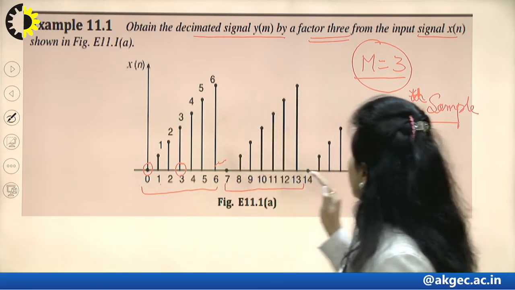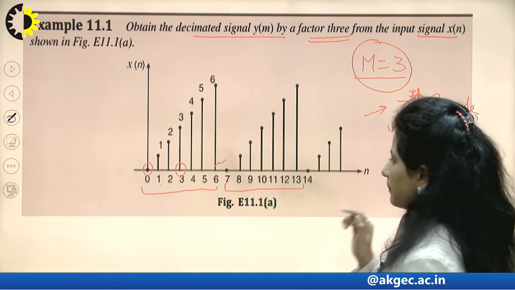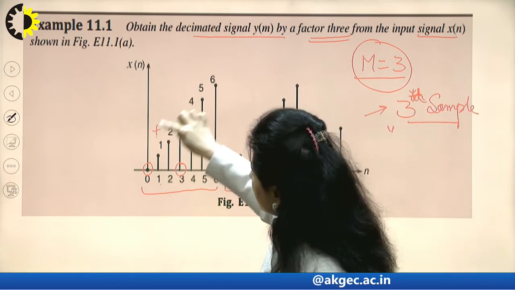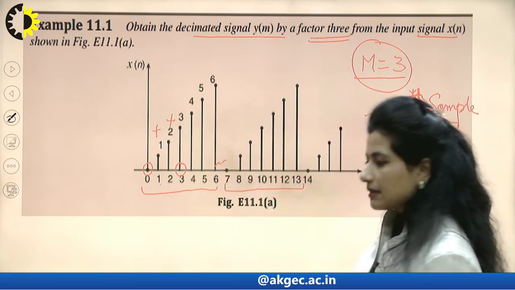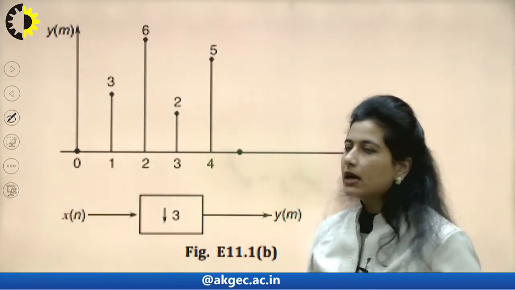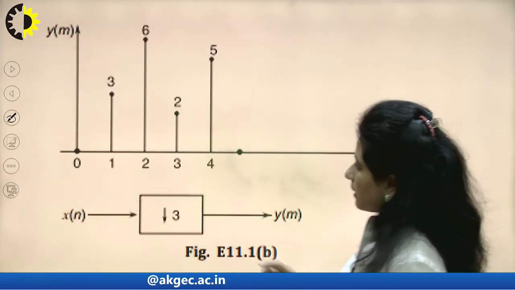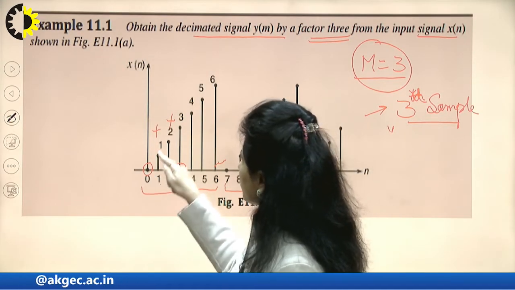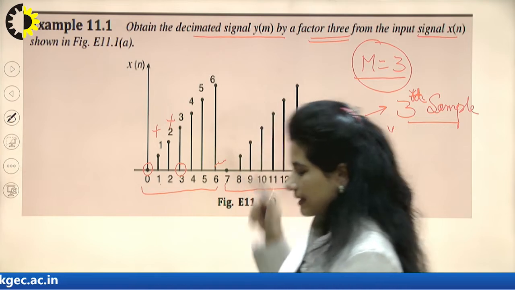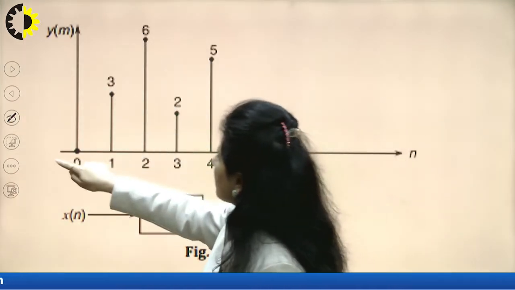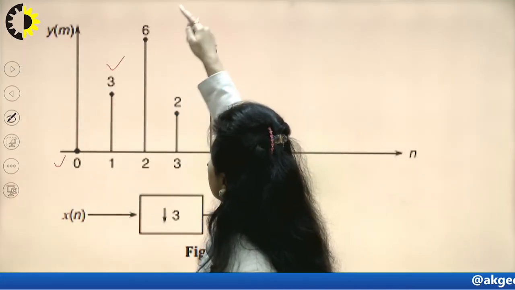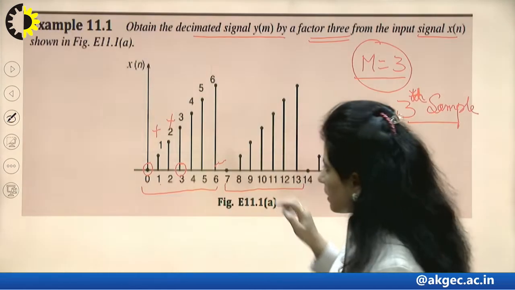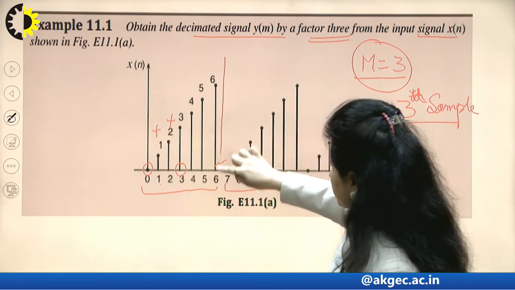I would keep on picking up every third sample, and all other samples would be lost. This is a simple way I can represent a decimated signal. So for this given signal having the values 0, 1, 2, 3, 4, 5 and 6, I am only left with the values 0, 3, 6. This is for the first section.